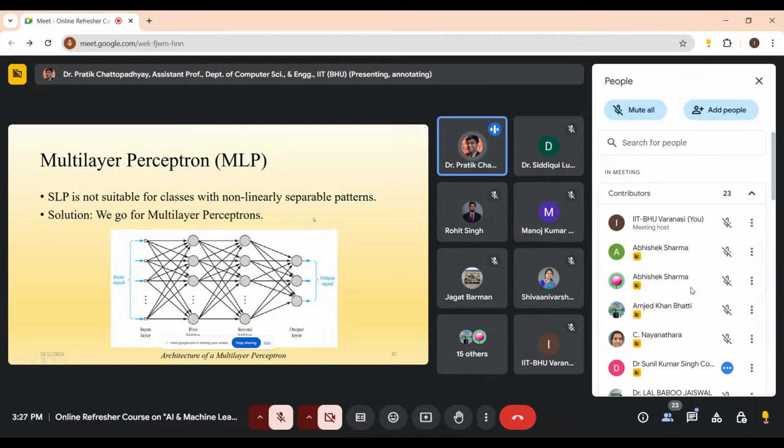Say if we have a problem that does dog versus cat classification, we will use a neural network that has 2 output neurons, 2 neurons in the output layer. If we deal with a problem that has 3 classes, then we will take 3 neurons in the output layer.